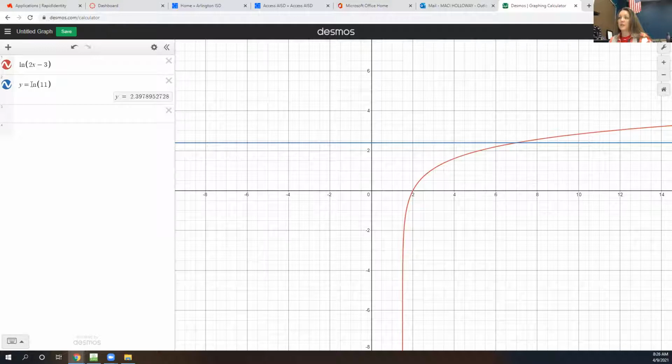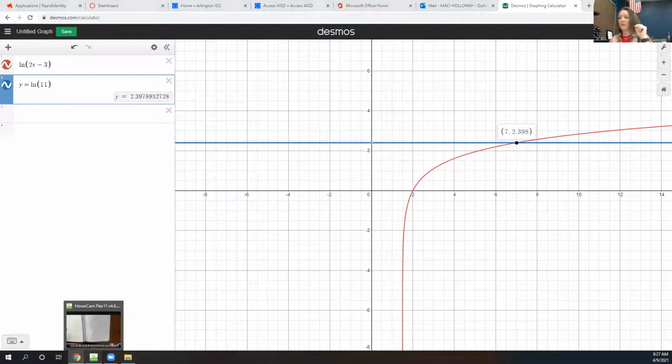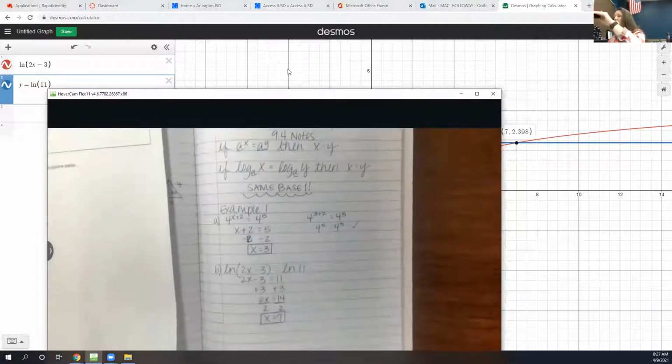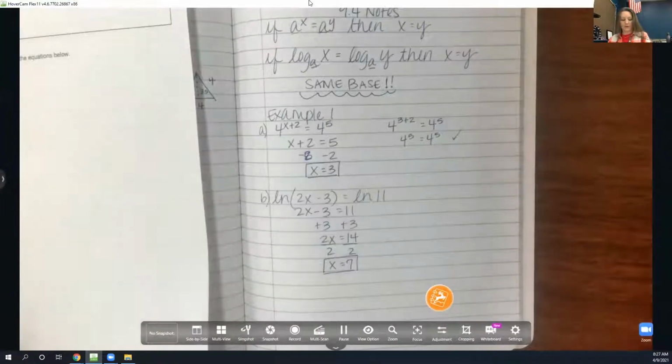Because log base e of 11 is actually a number, you can figure that out by putting it in your calculator, then we need to put a y here. Otherwise, this is a function, because it has an x in it. I'm going to look for their intersection point for my x value, and look at that. The answer is 7. So that's another way for you to check your work. All right, let's move back to our notes and do some more.